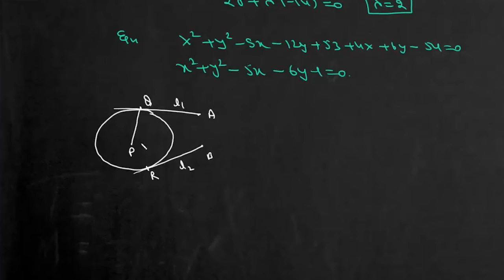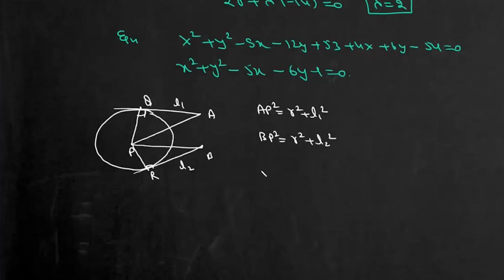Now we know that AP square is equal to R square plus L1 square, and the same way we can write BP square as R square plus L2 square.